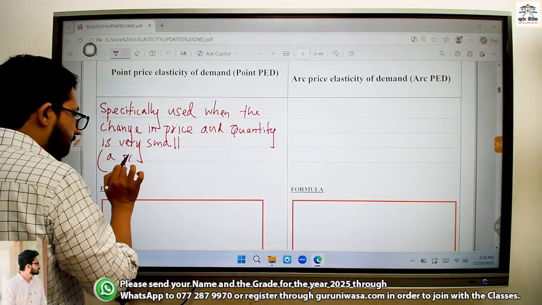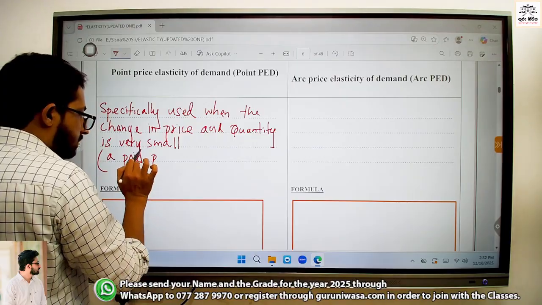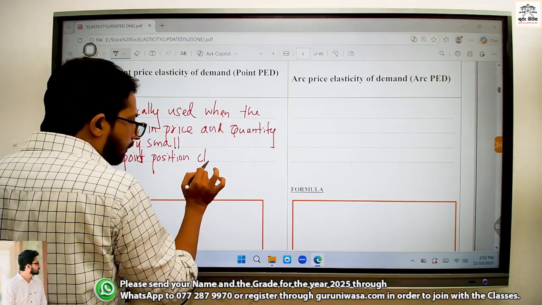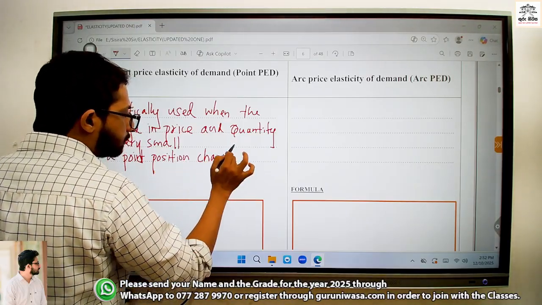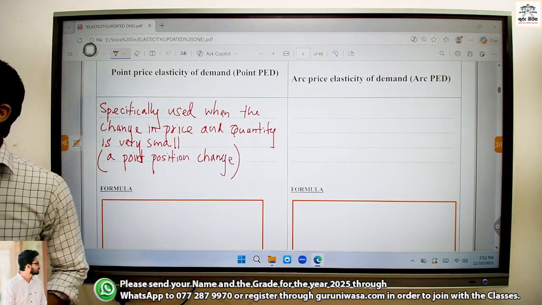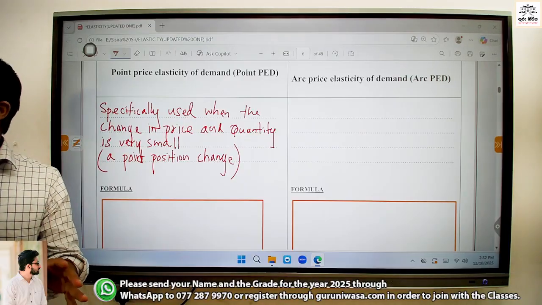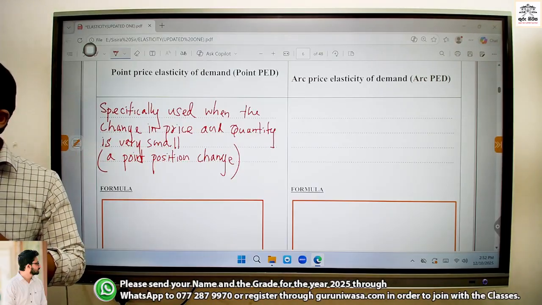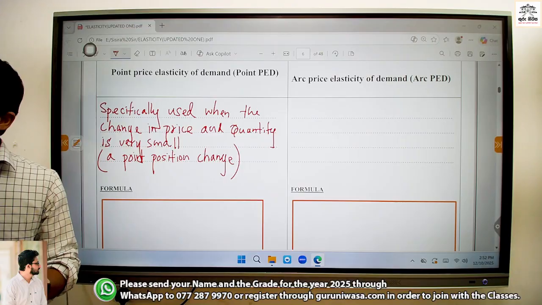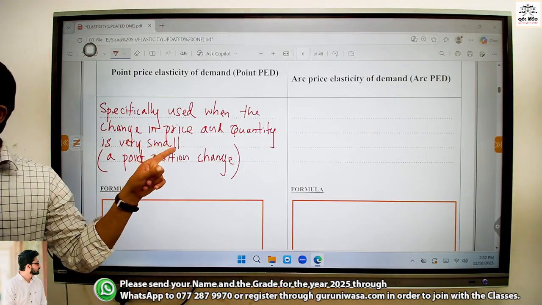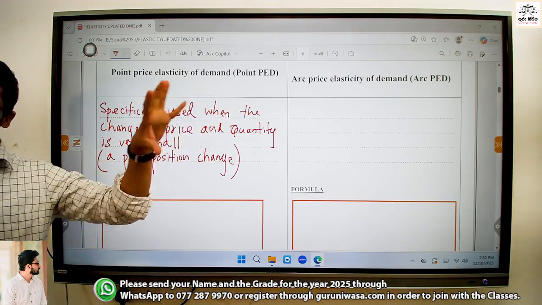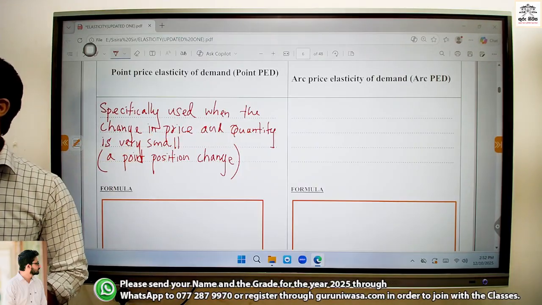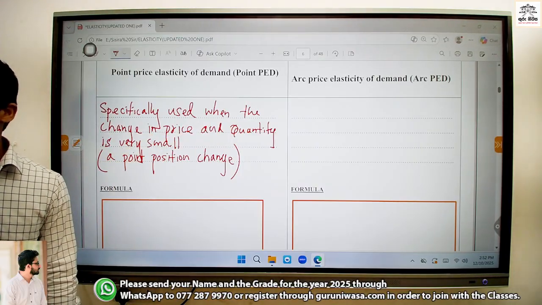It means the change in price is very small. Normally, Lamai, the benchmark is less than 10%. If price has changed less than 10%, then I can use the first one, point price elasticity. If the change is more than 10%, we have to use arc price elasticity. That's a natural, standard benchmark.